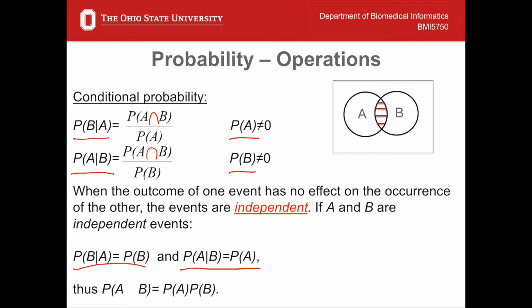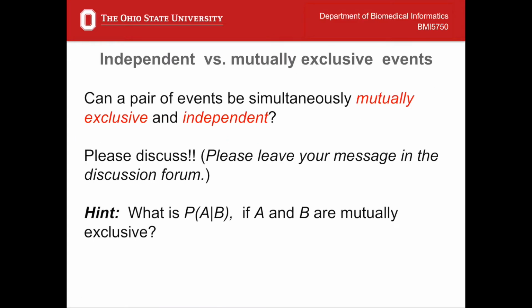That's probability A intersection with B equals probability A multiplied by probability B. We want to ask you a question. Can a pair of events be simultaneously mutually exclusive and independent? Let's have a discussion. Please leave your message in the discussion forum.